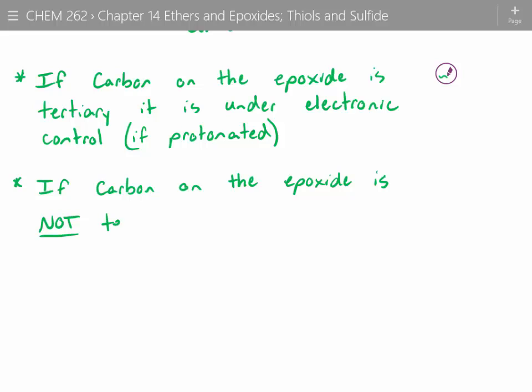Is not tertiary, then it is under steric control. Even if it's protonated.